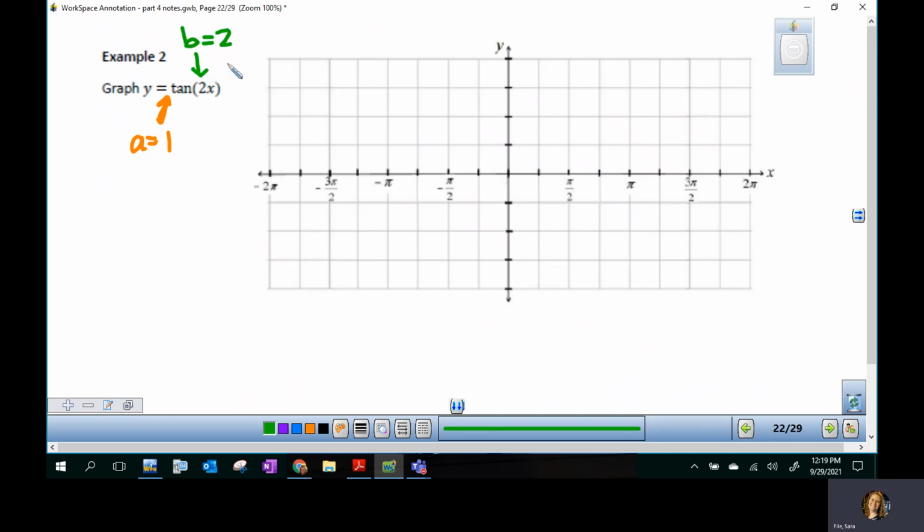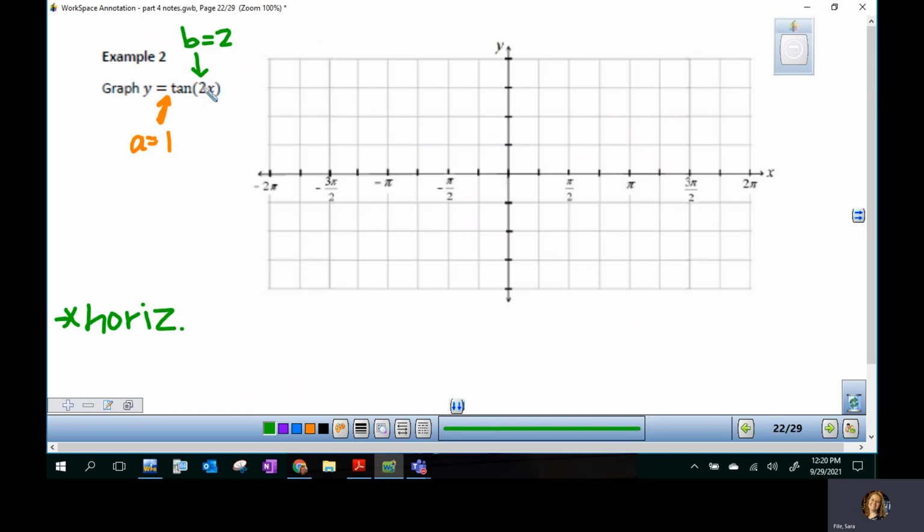So that means there is a horizontal stretch or compression. Is it going to be a stretch or a compression? Okay, back in part 1, when we looked at B values, the period values for sine and cosine functions, we talked about how when the B value is greater than 1, that's actually going to compress the graph.